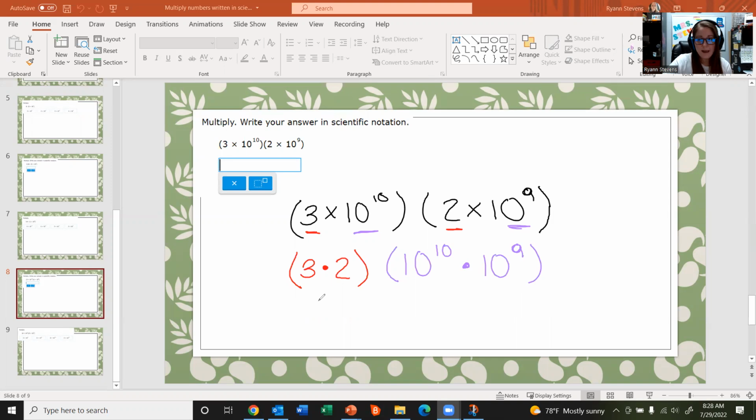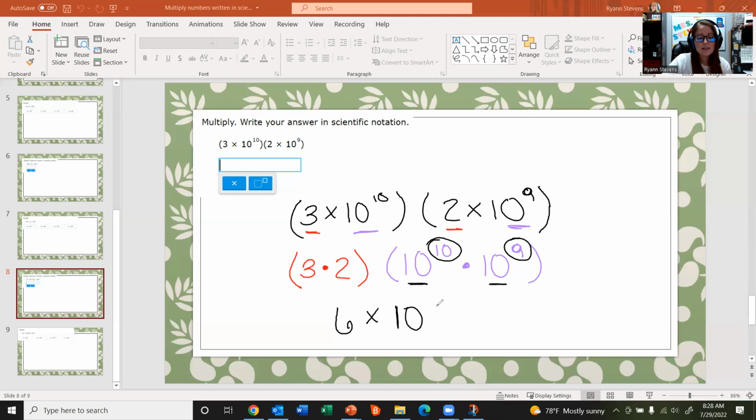So when we multiply, we're going to multiply these first factors together, just like we would in those last examples. So 3 times 2 is 6, times the factor of 10 is going to stay, but now we have to remember those rules with exponents. And so when the base is the same, that's where you're going to add those exponents together.